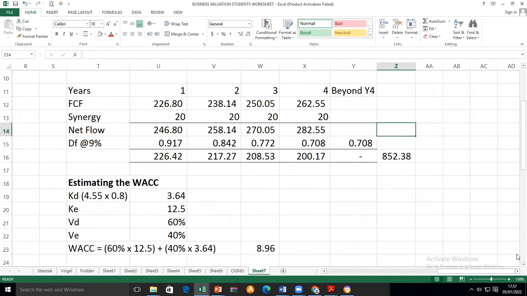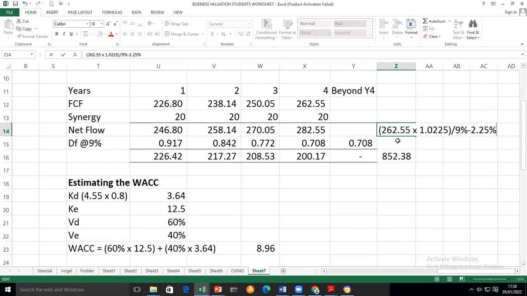So what we do is, we should not include the synergy. The synergy won't be there. So we take 262.55 by 1.0225. Okay, then here you're going to subtract 9% minus 2.25.